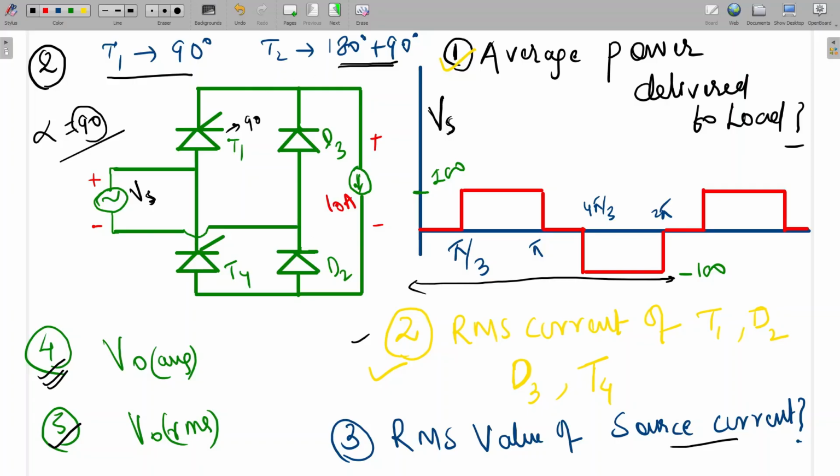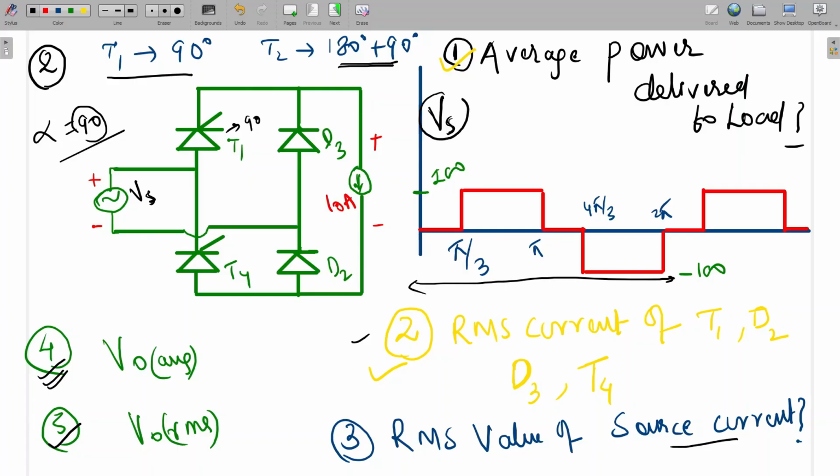Should I explain? Can anyone reply? Sir, alpha means pi by 2, na sir. Yes, alpha means pi by 2.